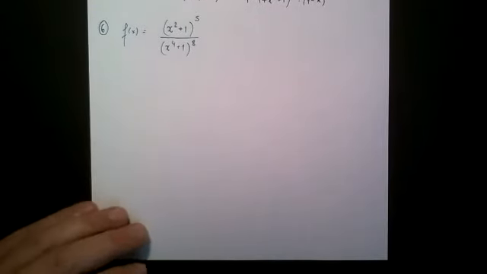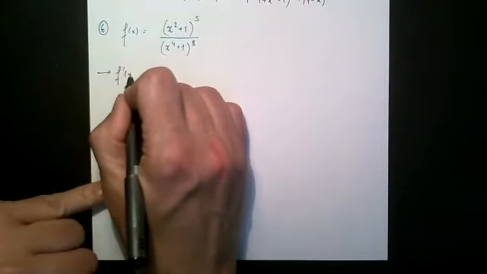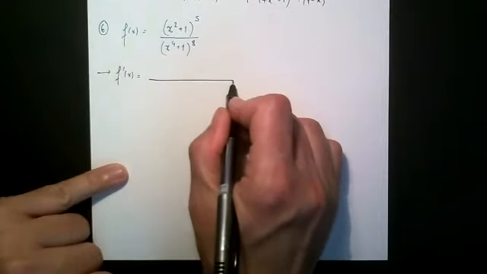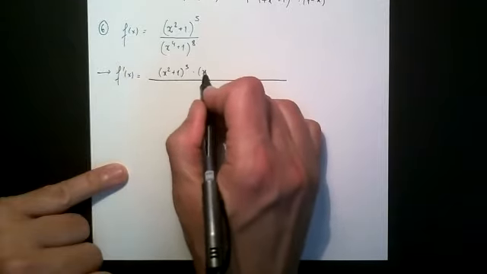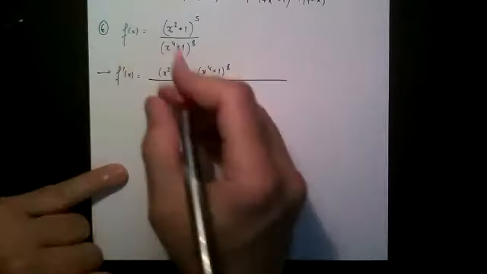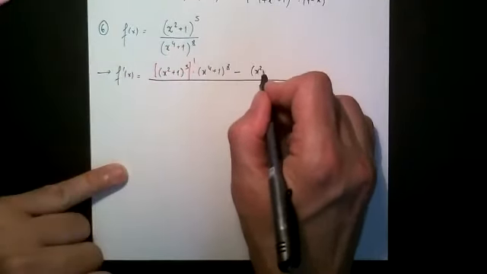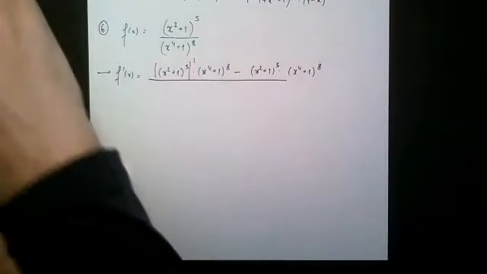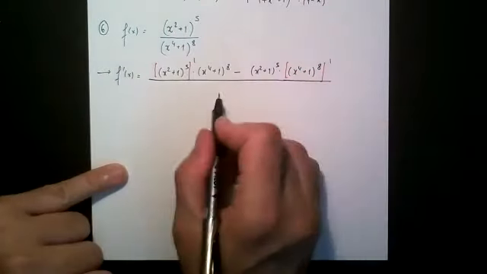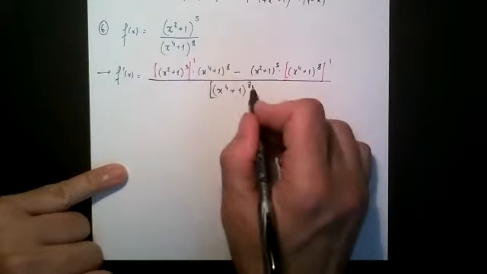So here we have a division, so we're dealing with the quotient rule. f prime will be the derivative of the top times the bottom, minus the top times the derivative of the bottom, divided by the bottom squared, so (x^4 plus 1)^8 squared.